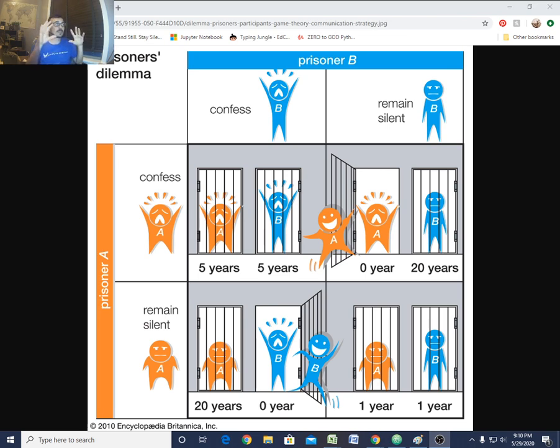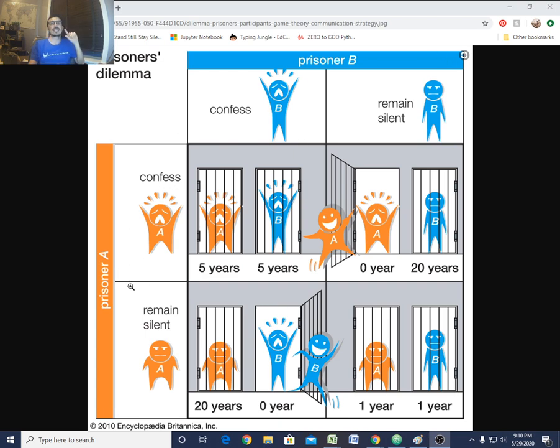But the investigator realizes there was a bigger crime that happened, but he doesn't have the evidence. He needs a confession. So he comes to them and says, look, prisoner A, he says this to each of them, right?